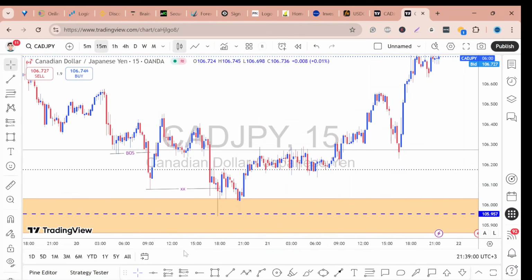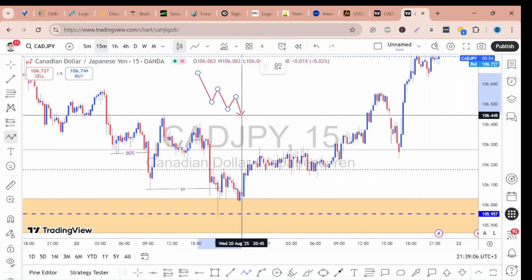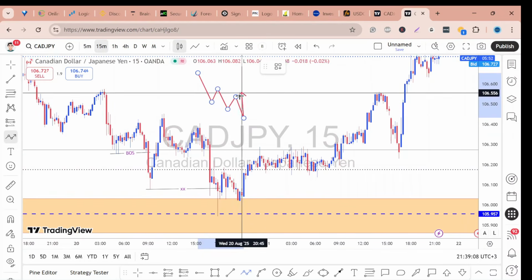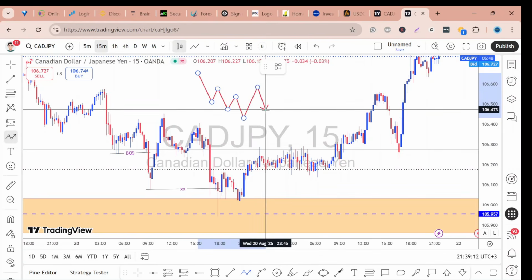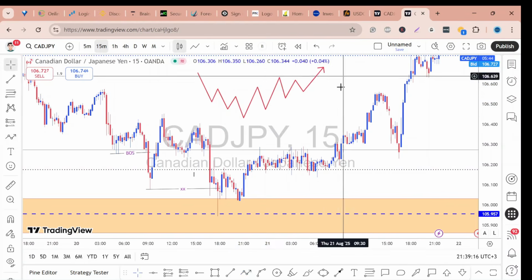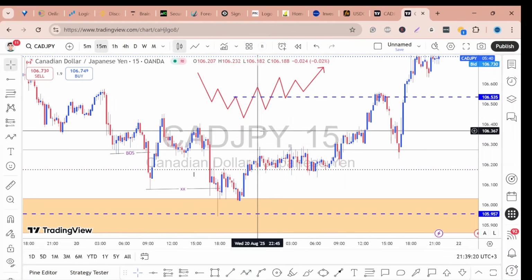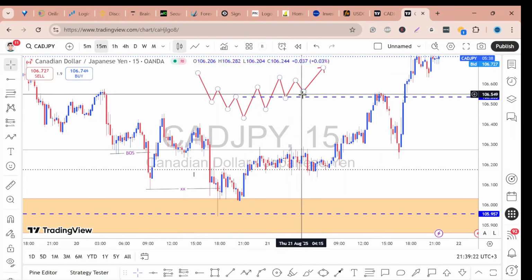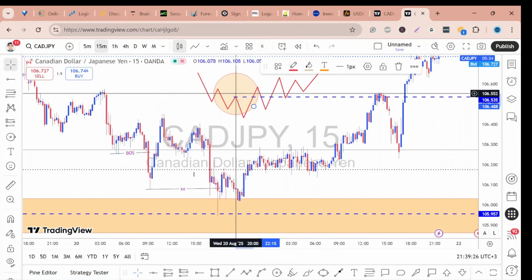So once we go to the lower time frame, we will be looking for this kind of setup. We want to see a change of character, which is characterized by the break of the last lower high. Then the market will proceed with this kind of move. So we want to take advantage when this change of character is happening at this particular point here.